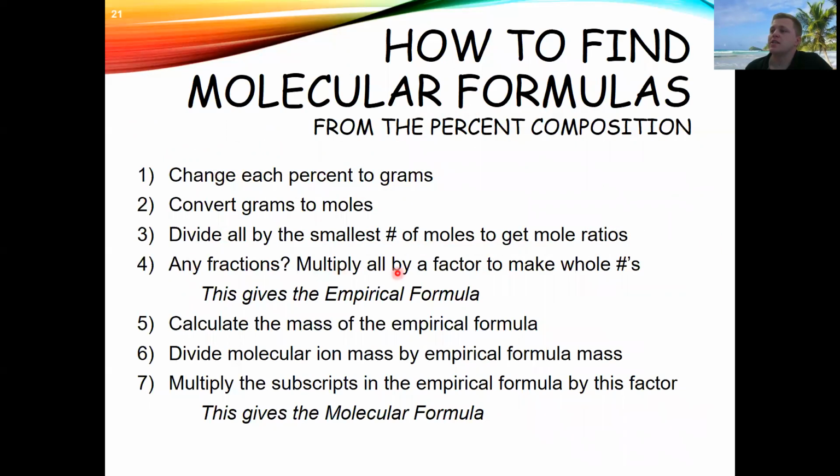If there's any fractions, multiply them all by a factor to make whole numbers. This will give you your empirical formula. Once you have your empirical formula, you're going to have to calculate the mass of the empirical formula. Divide the molecular ion mass by your empirical formula mass, and multiply the subscripts in the empirical formula by that factor.